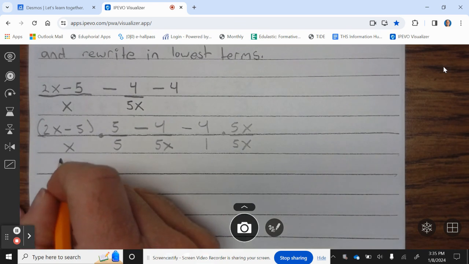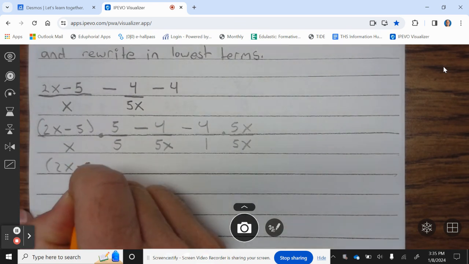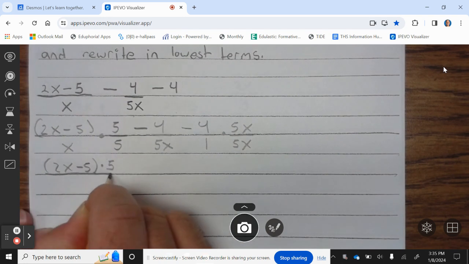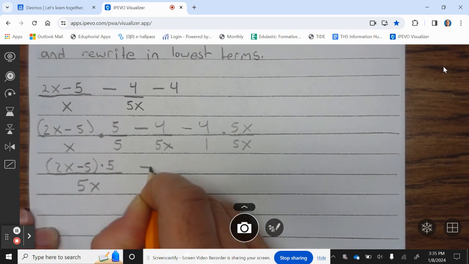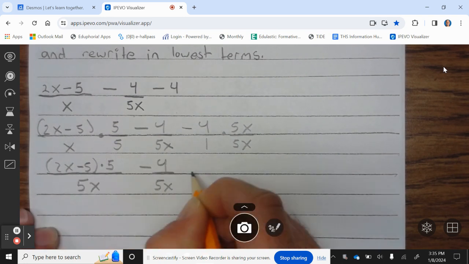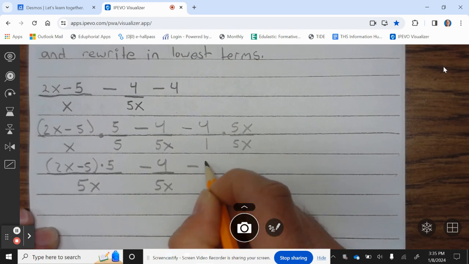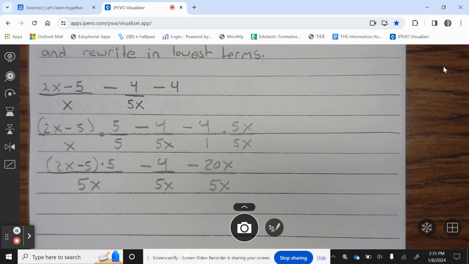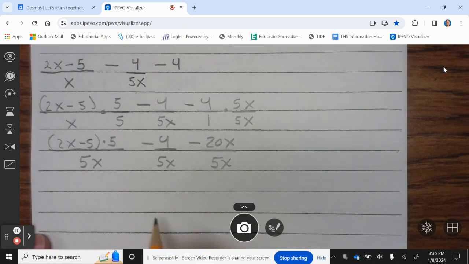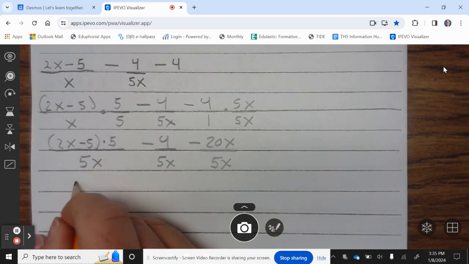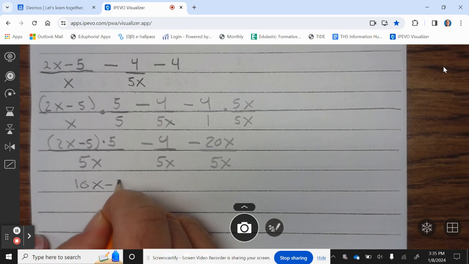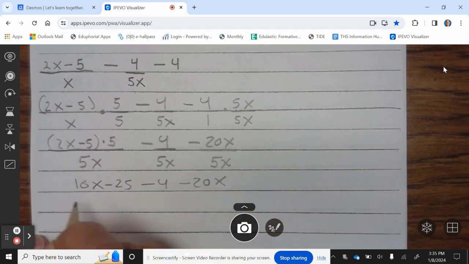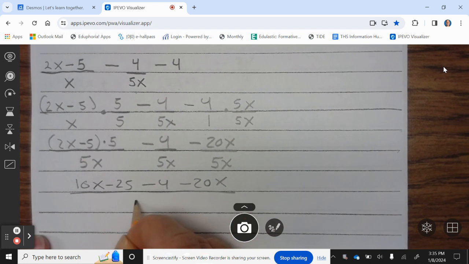Okay, so then we have 2x minus 5 times 5 divided by 5x, minus 4 divided by 5x, minus 4 times 5x is 20x divided by 5x. Okay, so now the common denominator is 5x, so we can distribute, so that's 10x minus 25 minus 4 minus 20x divided by 5x.